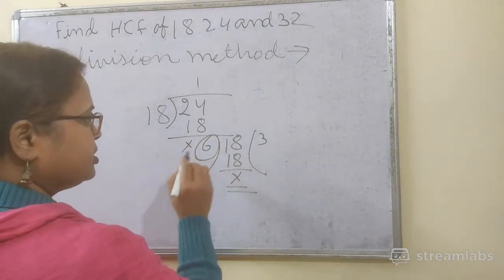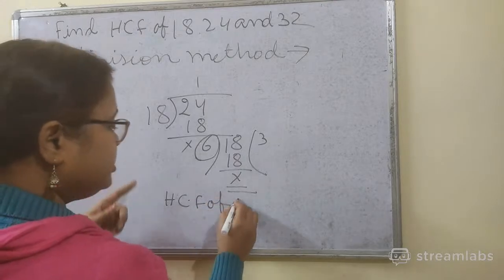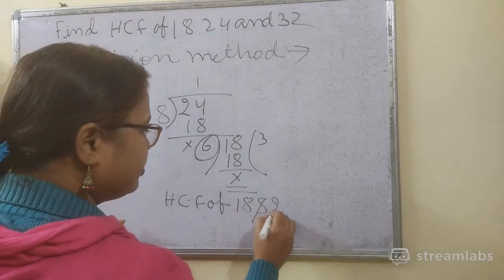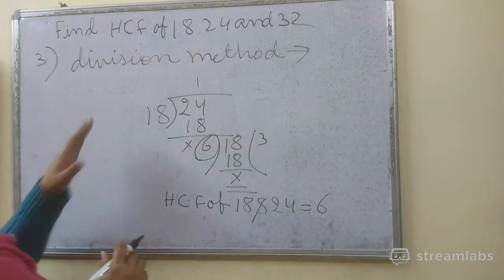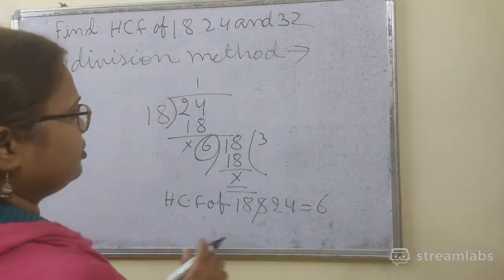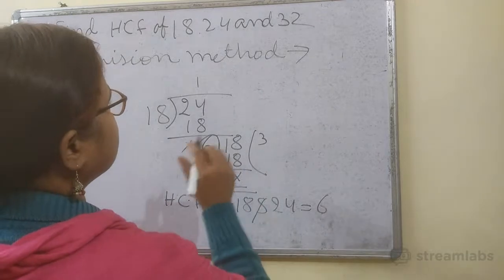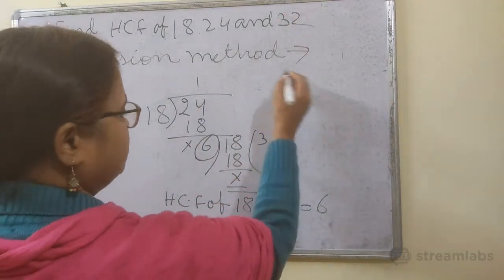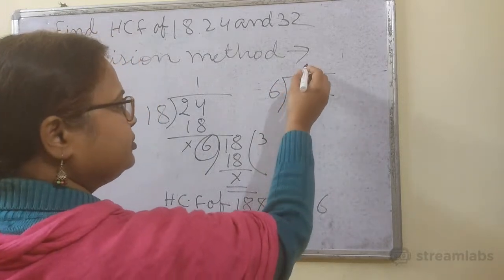The answer will be 6. So HCF of 18 and 24 is equal to 6. Clear? Now we will find out the HCF of 6 and 32. So 6, 32. How many times?